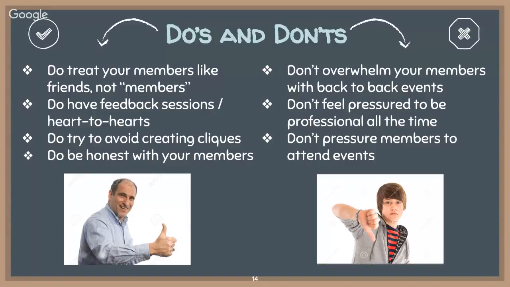All right, and the next one is not on the slide. It's do interclubbing. Interclubbing is very helpful, especially if you're a small club, because interclubbing can help your members find other people outside of your club.